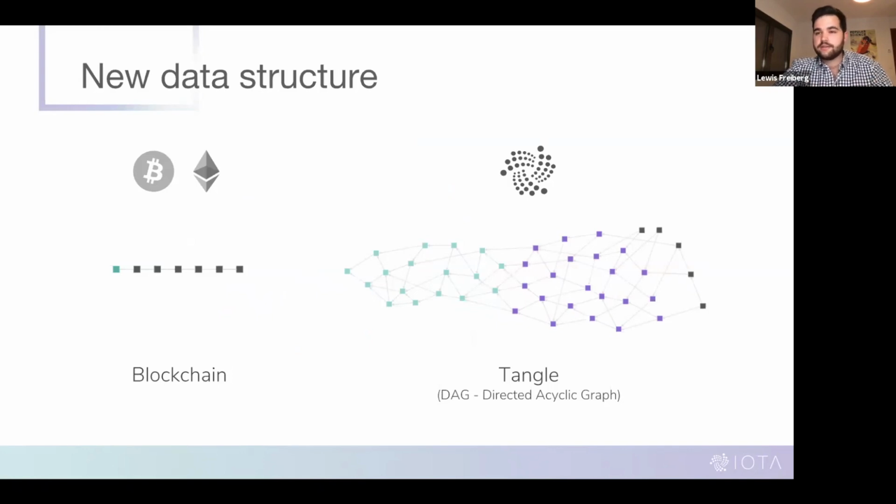It is a chain of linked blocks that are appended onto the end of the distributed ledger. Whereas in IOTA, what we have is something we call the Tangle. This is a directed acyclic graph where individual transactions are added onto the end of the network, and they reference and approve previous transactions.